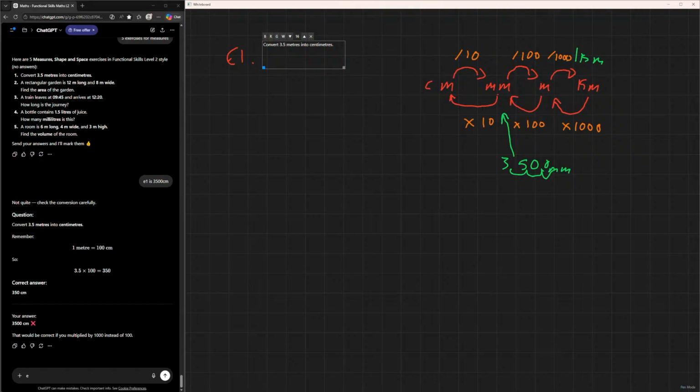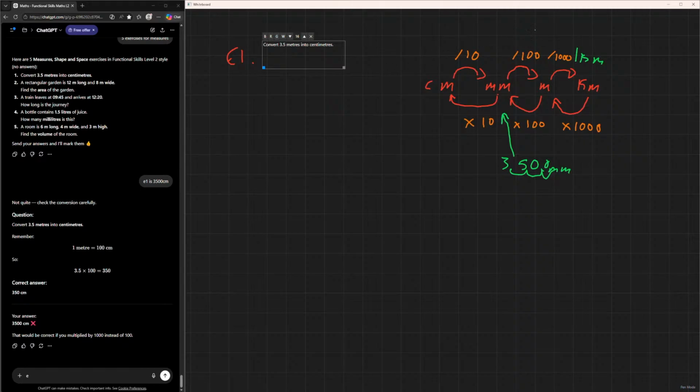Like 1,000 meters is 1 kilometer. Let's do something else.